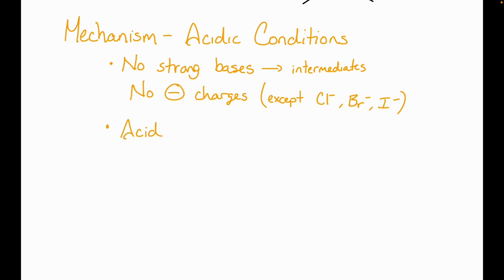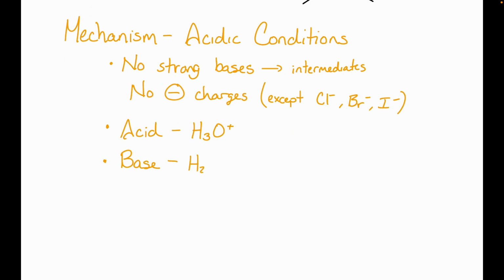Okay, so if we have something playing the role of an acid in these mechanisms, what we're going to use is the hydronium ion. That's perfectly fine under acidic conditions, a nice strong acid like that. But if we're going to have something playing the role of a base, it's not allowed to have a negative charge.